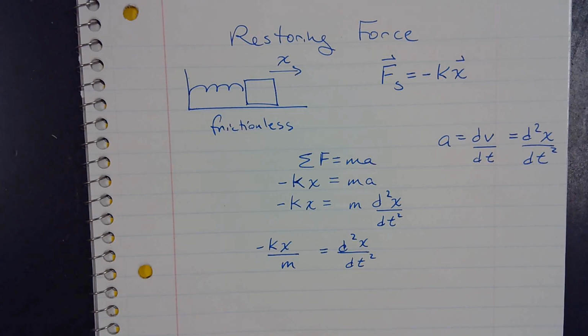Especially those of you who are either in pre-cal or those of you in calculus took pre-cal last year. What describes oscillation? What function? One of them starts with an S, the other one starts with a C. Sine and cosine.